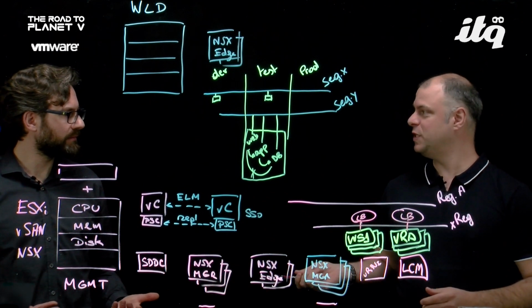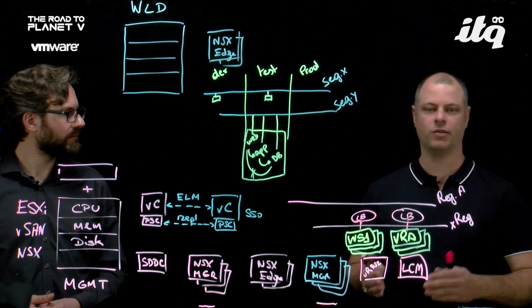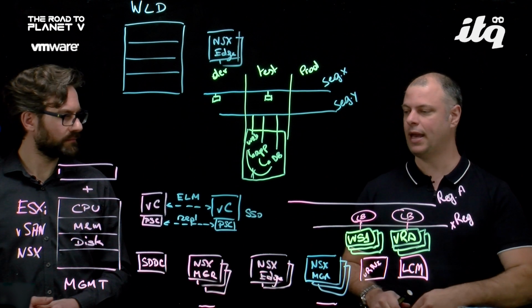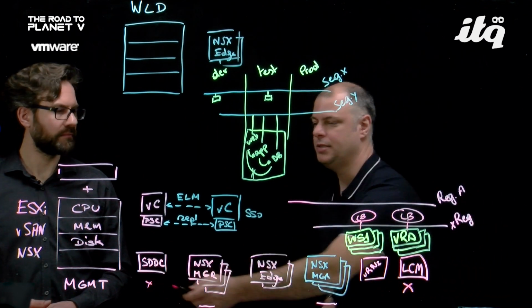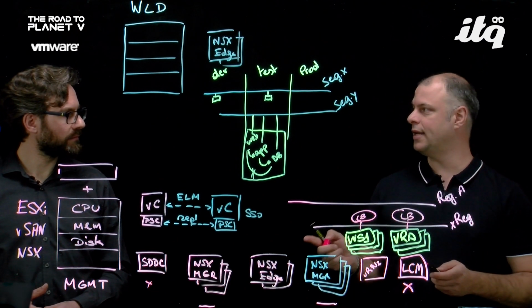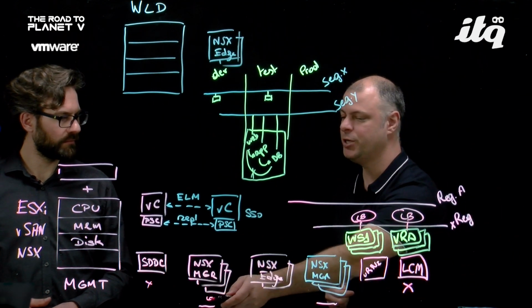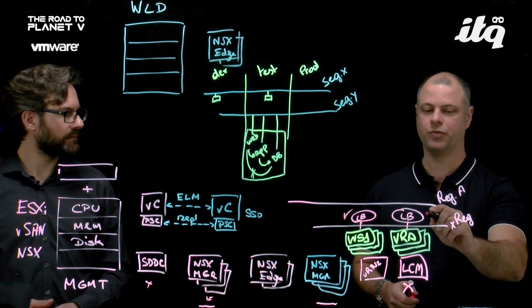It doesn't take too much time to deploy and configure them? That's the best part of VCF, right? When we are deploying Workspace ONE and vRealize Automation via LCM, LCM has a direct connection to our SDDC. So Lifecycle Manager will request SDDC, which will request our NSX Manager, and they will automatically create the load balancer for us.